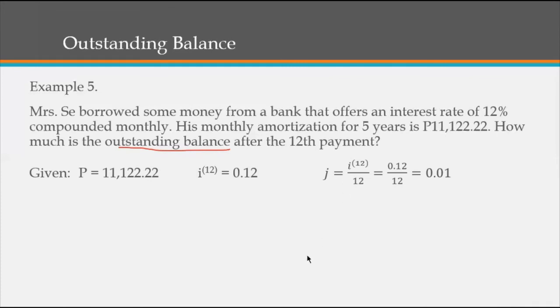Then, pag kukuha naman natin ang J, yung ating interest rate per month, we have 0.12 divided by 12. So, it gives 0.01. Then, ang ating K payment ay 12. Diba? Kasi, ang sabi doon ay after 12 payments. So, yun yung ating letter K.